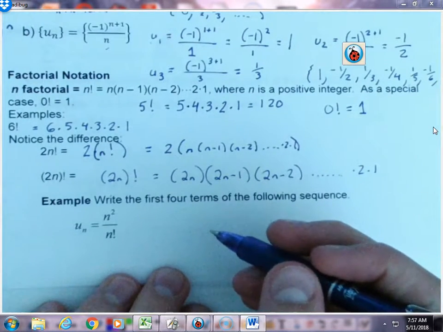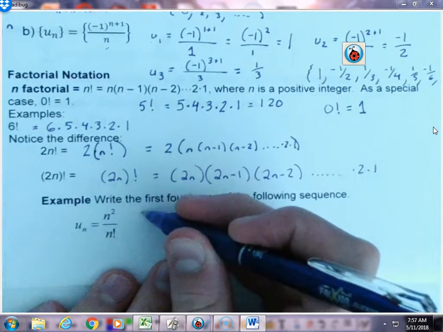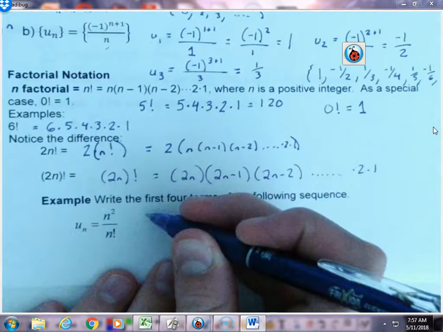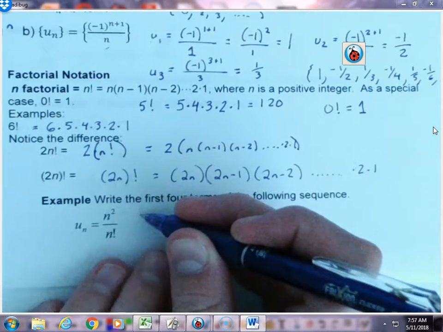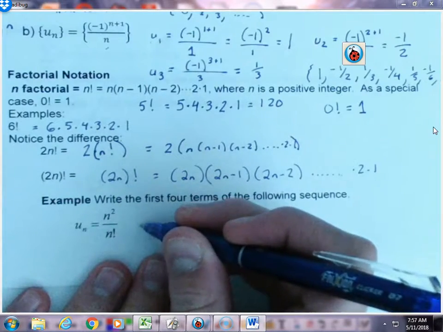Okay, so the first term is going to be 1, so you plug in 1 for n.